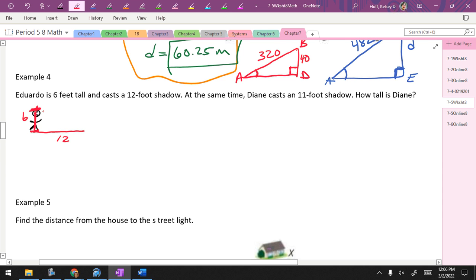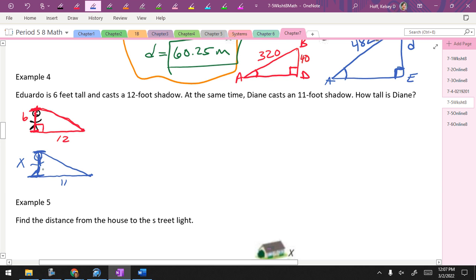If I connect the top of his head to the top of the shadow, I form a right triangle. Then there's Diane. How tall is Diane? We don't know. Can we call her X? How long is her shadow? 11.